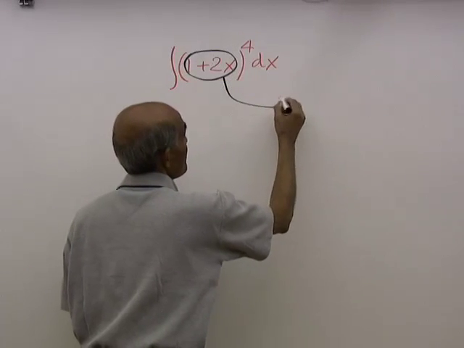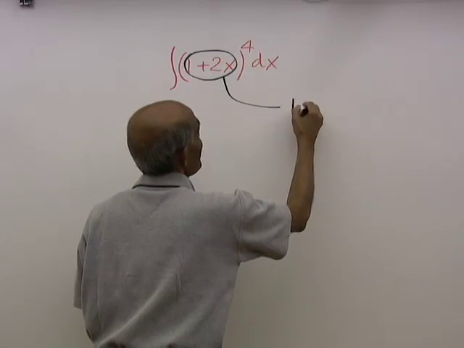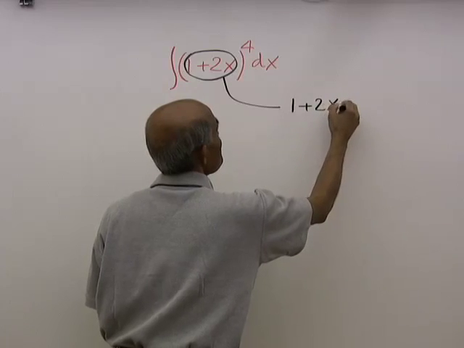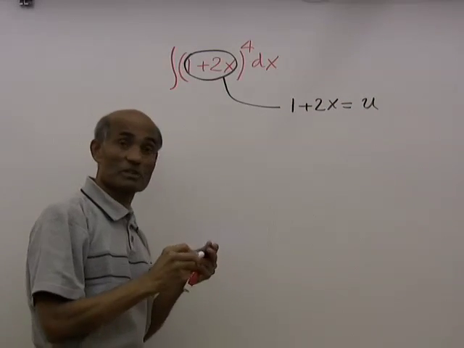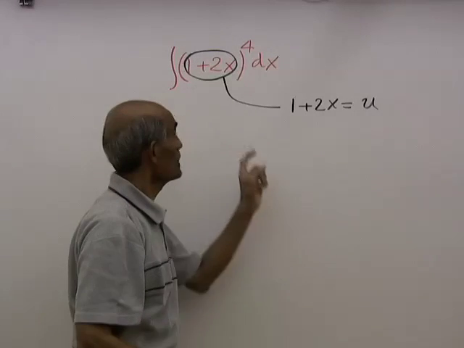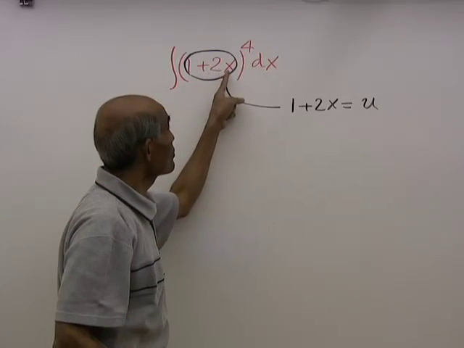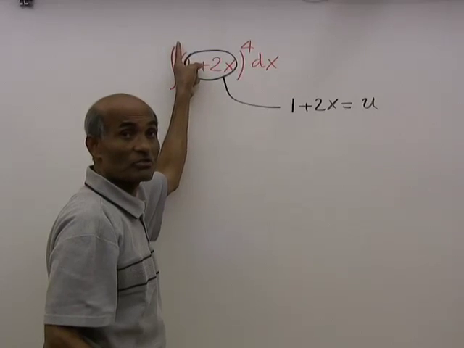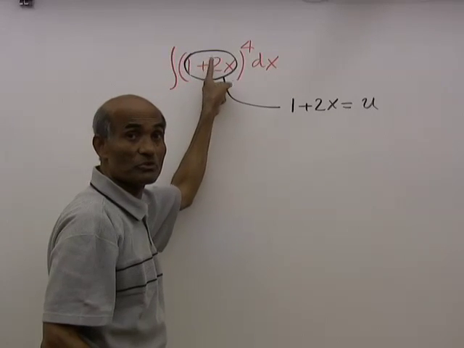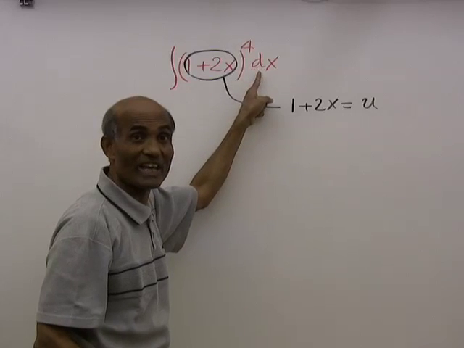Let's take this quantity and say 1 plus 2x equal to u. Now there's a problem here. When you replace this quantity as u, the integral is going to read integral u to the power of 4 dx.